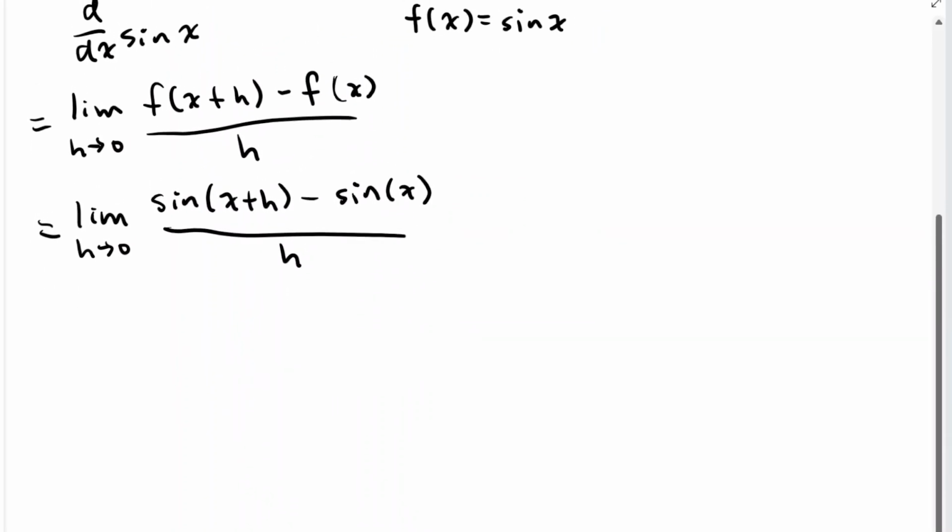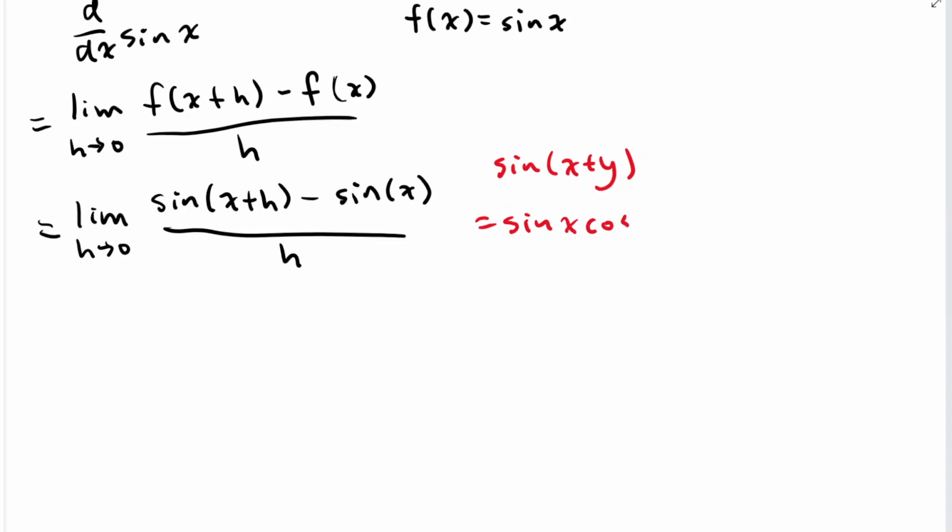Now you might be like, well, I'm kind of stuck. How do I go on actually? Because I can't seem to simplify this even more. But that is where this formula comes into play. I'm going to introduce you to this formula.